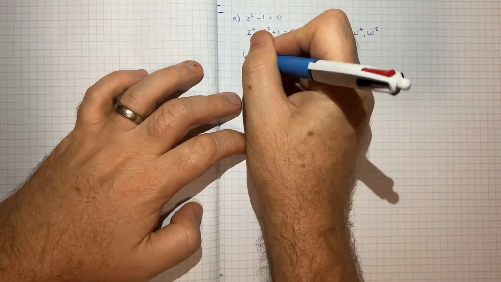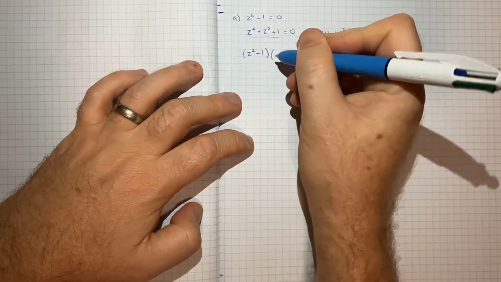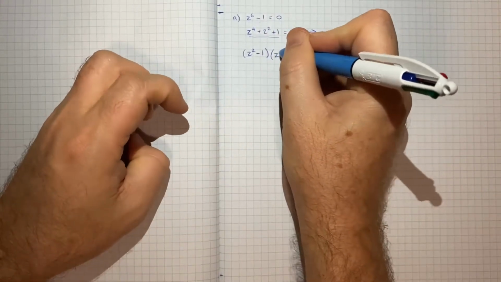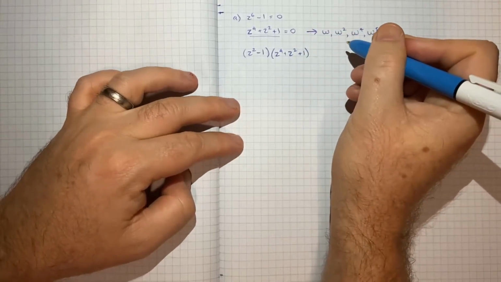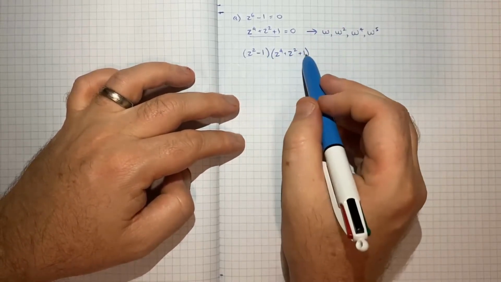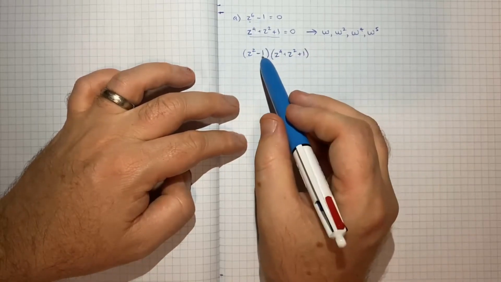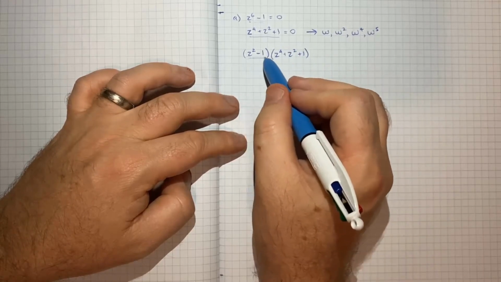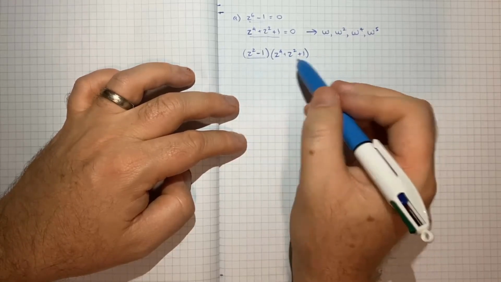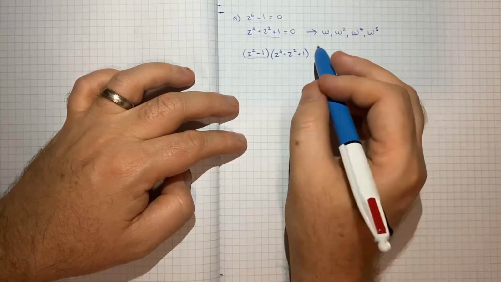So if I was to write, say, z squared minus 1 times z to the 4 plus z squared plus 1, and say, well, what does that expand to? Is it z to the 6 minus 1? Then we've got our factors. It takes a bit of practice to get good at this, but once you've seen enough of these questions, it does become quite intuitive.